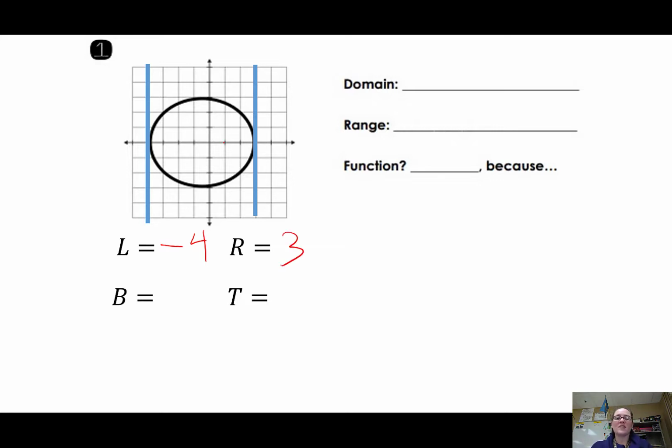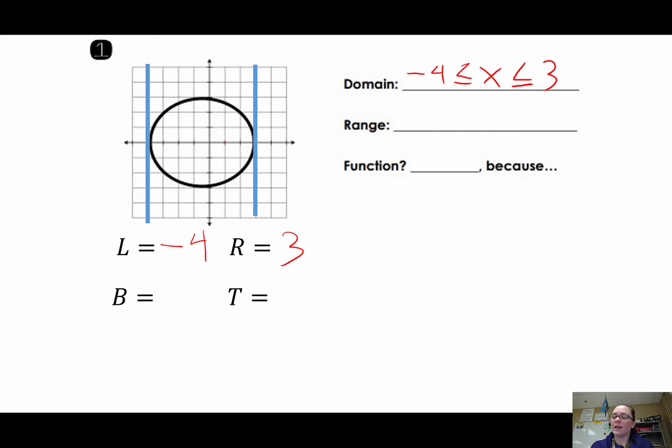So my domain is really a set because it can be anywhere in between -4 and 3. So I'm going to write this as an inequality. I get -4 is less than or equal to x, which is less than or equal to 3. You're always going to use less than or equal to, or less than, depending on if we have open or closed.